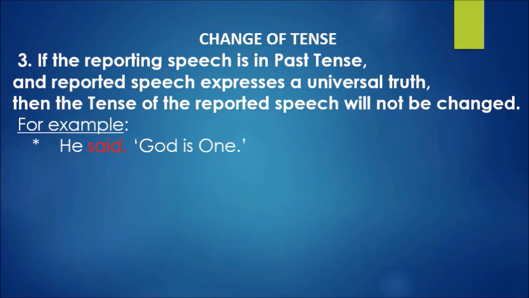See, there is past tense in the reporting speech, but there is universal truth in the reported speech. So when we convert this into indirect speech, the tense of the reported speech will not be changed. Because God is one, it's a universal truth. God is one and will remain one. So he said that God is one.